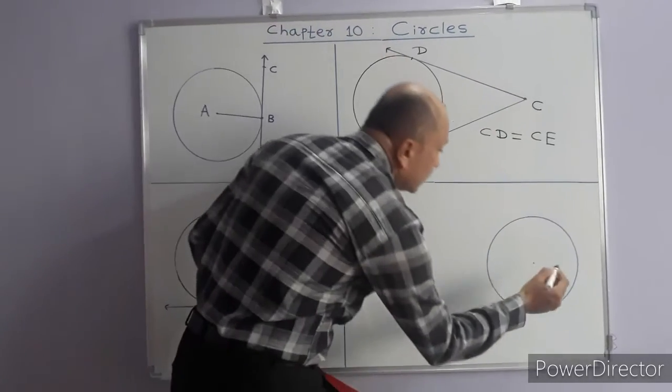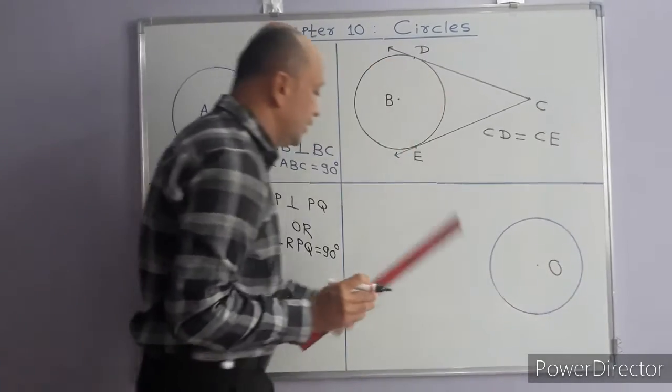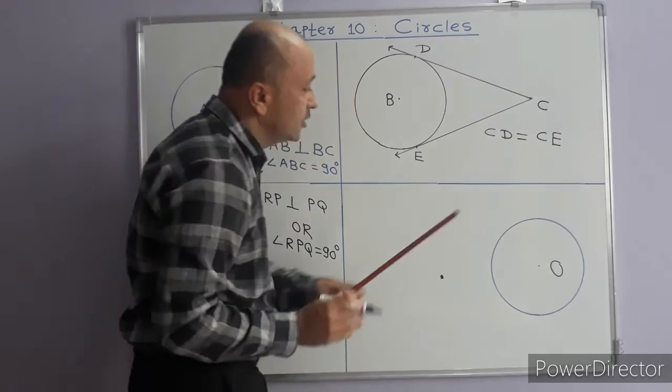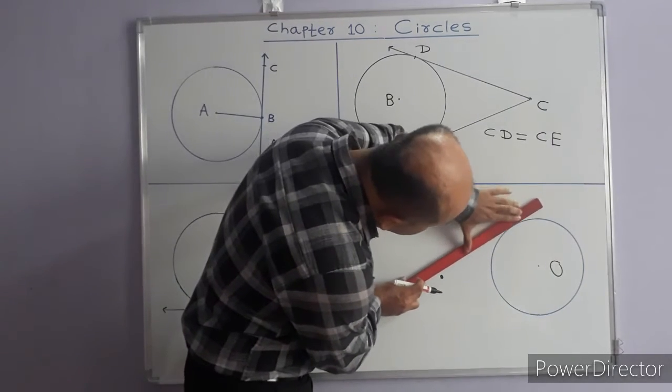Similarly, if O is the center here, and the point is anywhere outside the circle, then we are able to draw a tangent here.